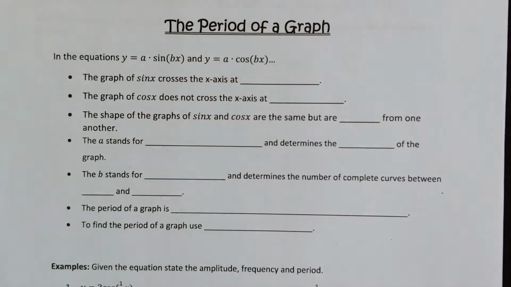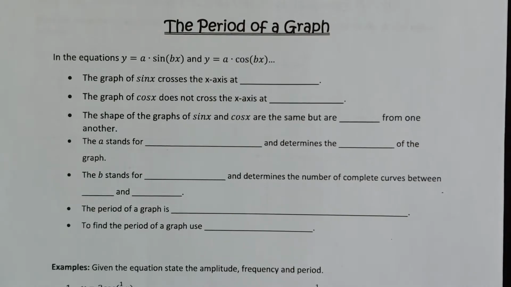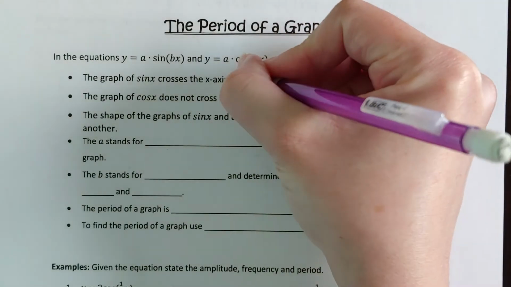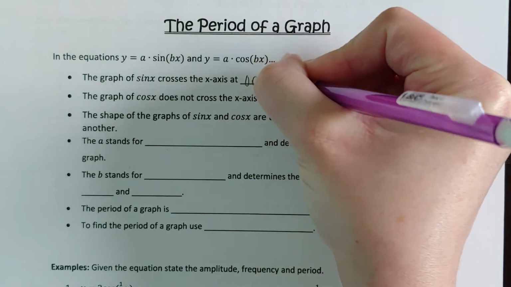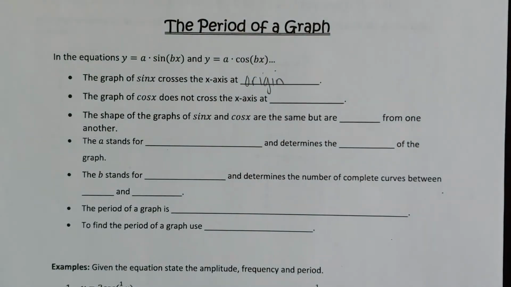If you have sine of x or cosine of x, the graph of the sine of x crosses the x-axis at the origin. That's true because these are not shifted vertically. When we start talking about a vertical shift, it won't cross at the origin, it'll cross at its starting point, or its midpoint.